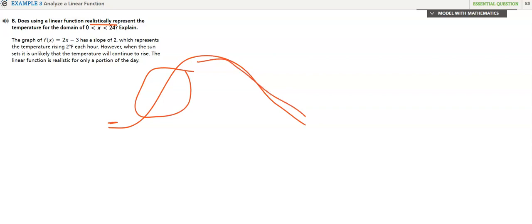So for part of the day, this part that's circled, this graph will be accurate. It's realistic for a portion of the day. However, for the rest of the day, it's not going to continue to rise. That's unlikely, so it is not accurate. So when we talk about analyzing a linear function, we're really talking about taking a look at the word problem and seeing what matches, what makes sense.